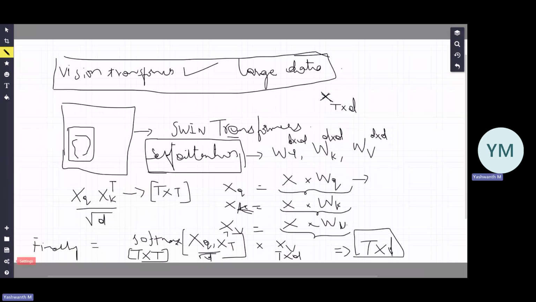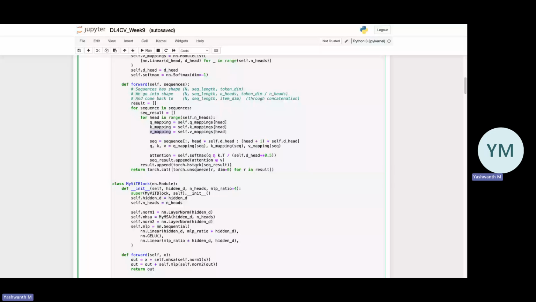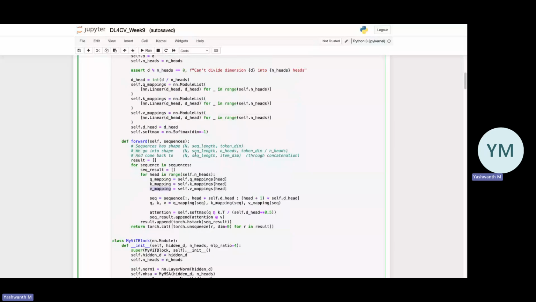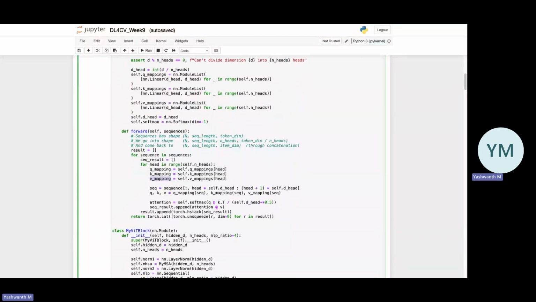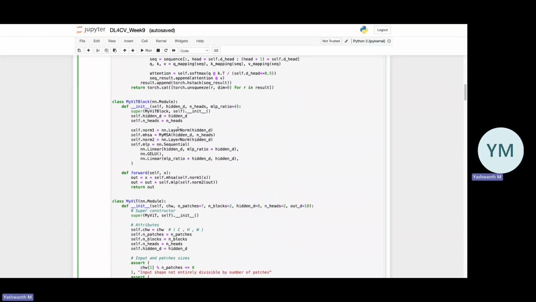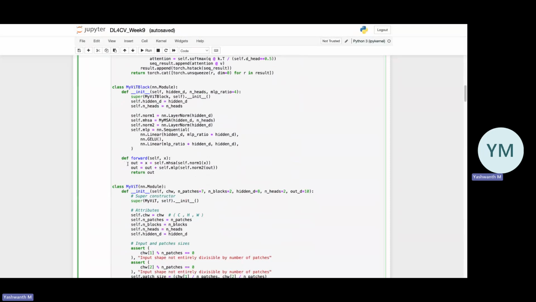So this is what is being implemented in the notebook, in the entire self-attention block. It's just multi-head, where each head is processed separately. And this is the entire ViT block. This is where the residual connections are being added.